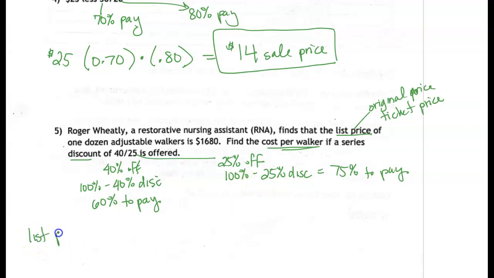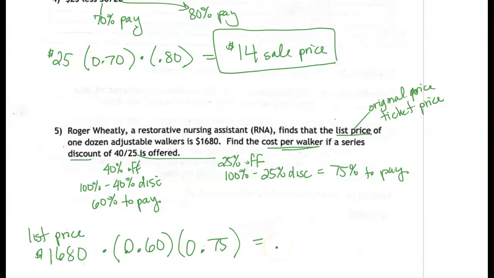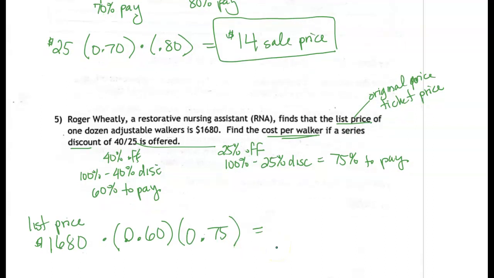Our list price, which is really the ticket price, of $1,680. We're going to multiply by the first decimal equivalent of the percent to pay, 0.60. Then we're going to multiply by the second percent to pay from the second discount. And I end up with $756. And again, I'm going to write this per dozen. And this is the amount to pay.